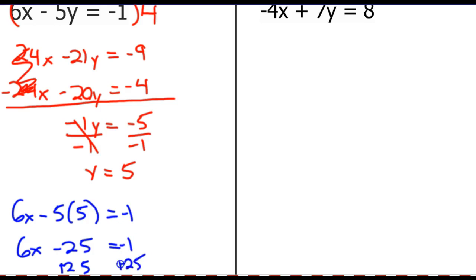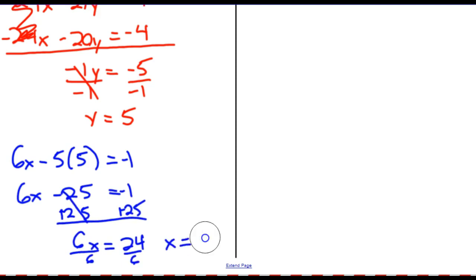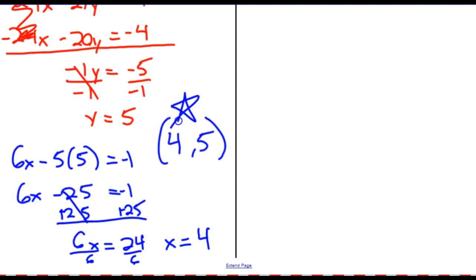We add 25, we'll get 6x equals 24. Divide by 6, and x equals 4. So our solution, x equals 4, y equals 5. Our solution is (4, 5).